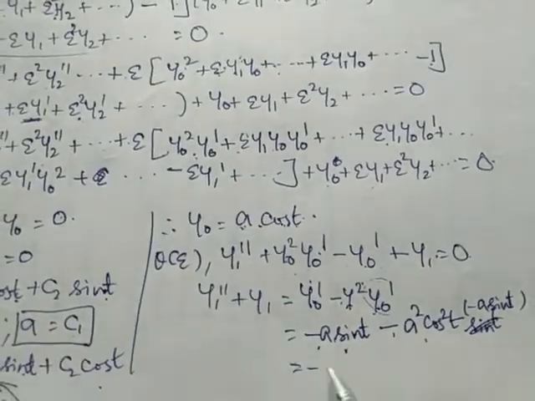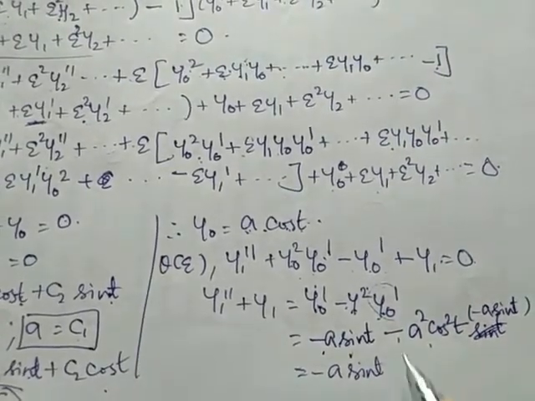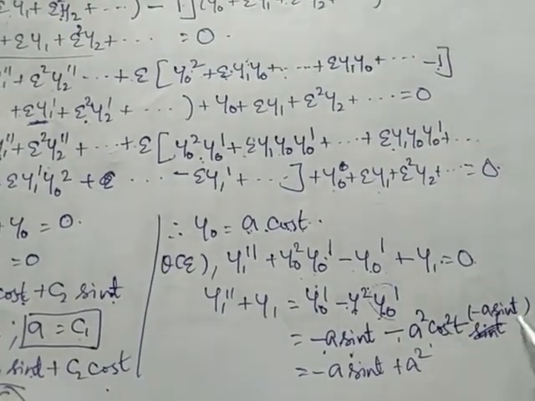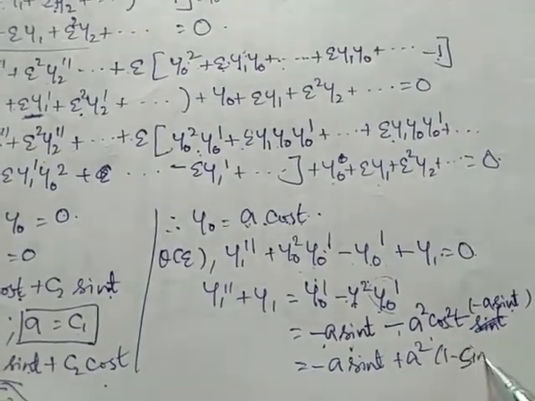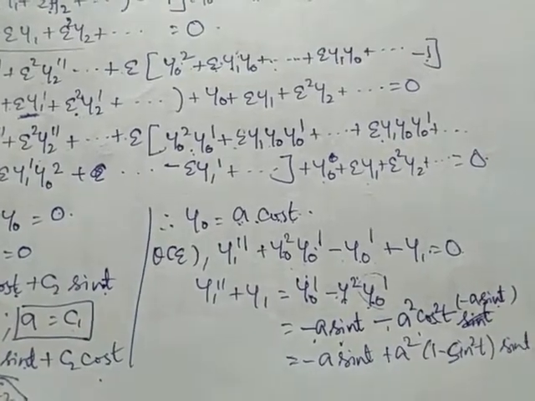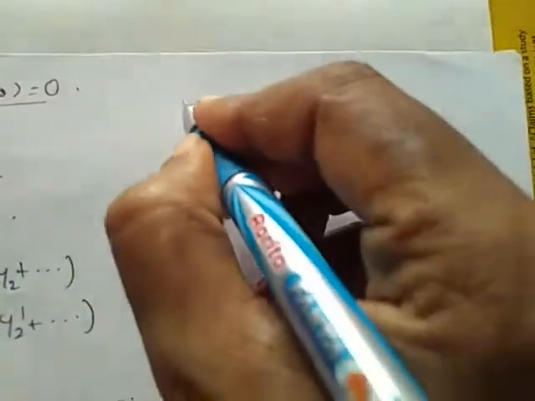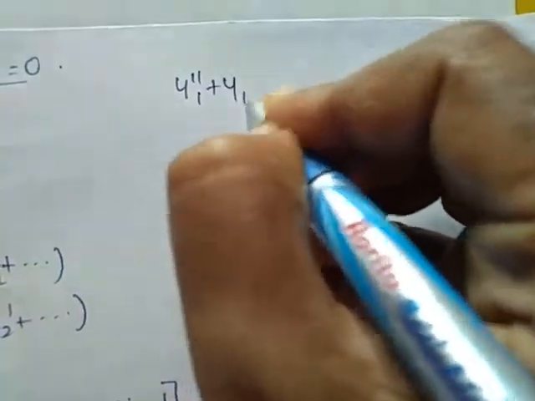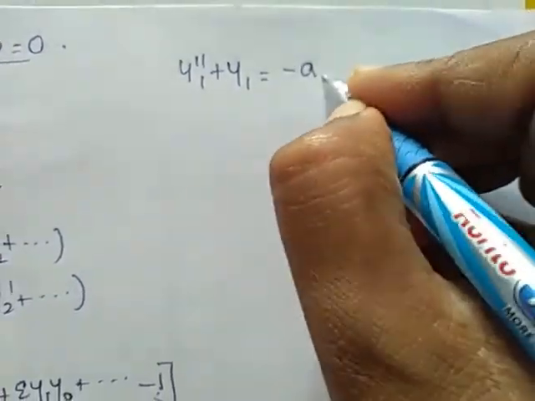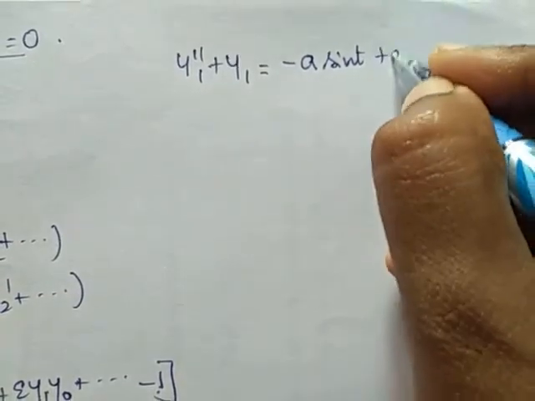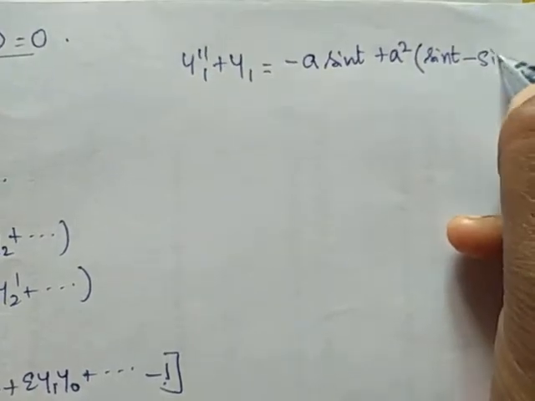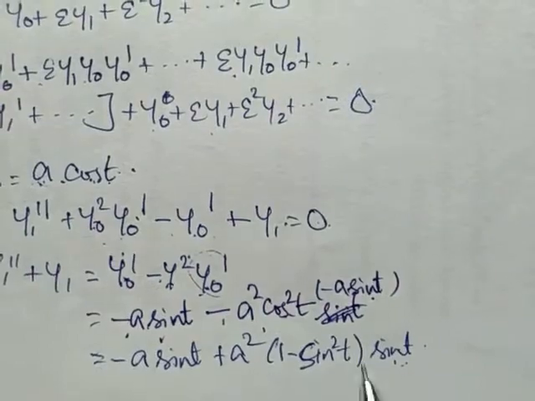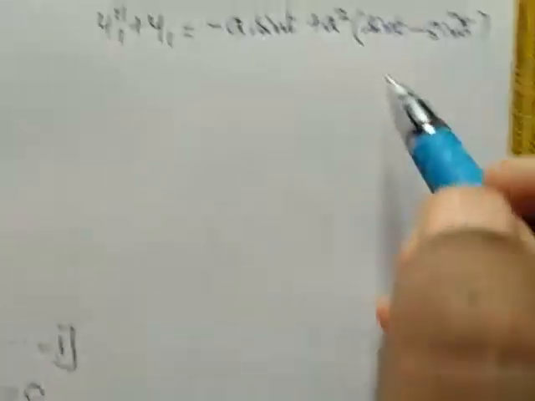Here we will get minus a sin t plus a square cos square t sin t. Cos square t I will write as 1 minus sin square t, into sin t. So we will get y1 double dash plus y1 is equal to minus a sin t plus a square into sin t minus sin cube t. Here I have multiplied sin t with 1 minus sin square t. We will get this step.